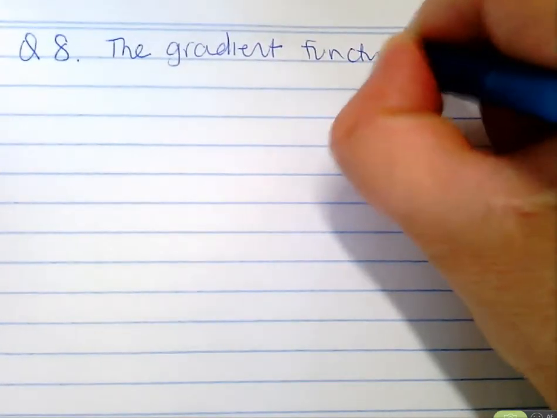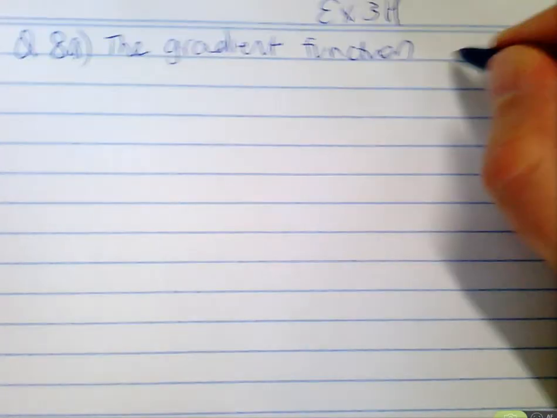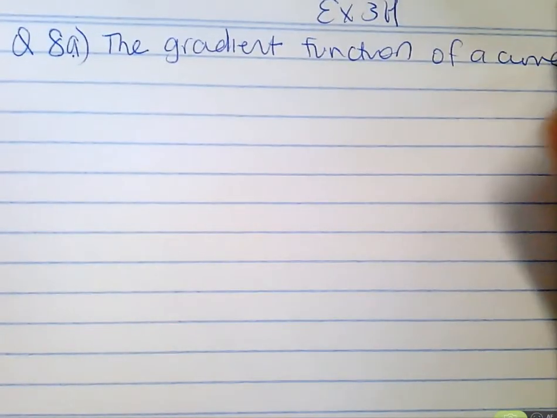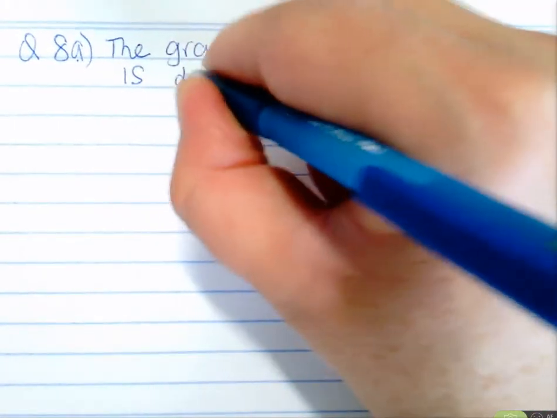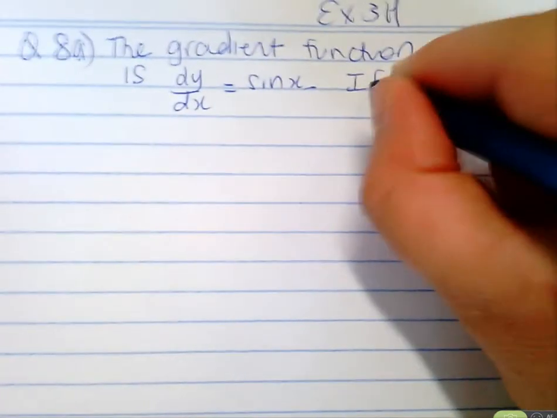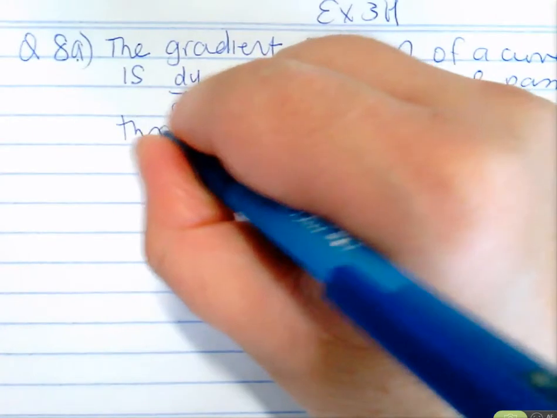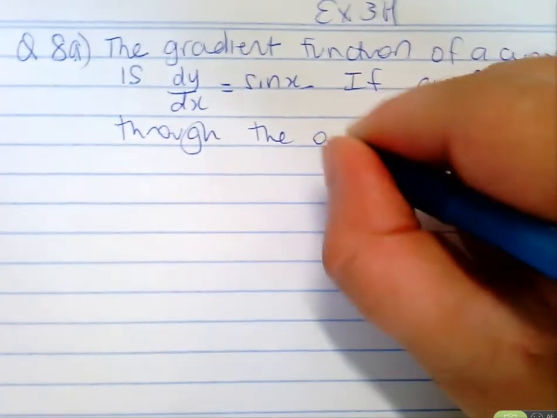This is exercise 3H, question 8a. The gradient function of a curve is dy dx equals sine x. If the curve passes through the origin, find its equation.